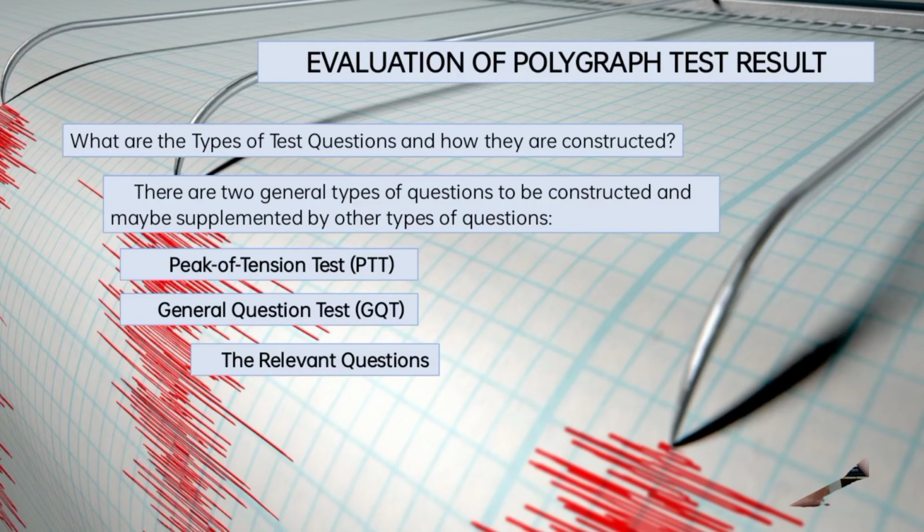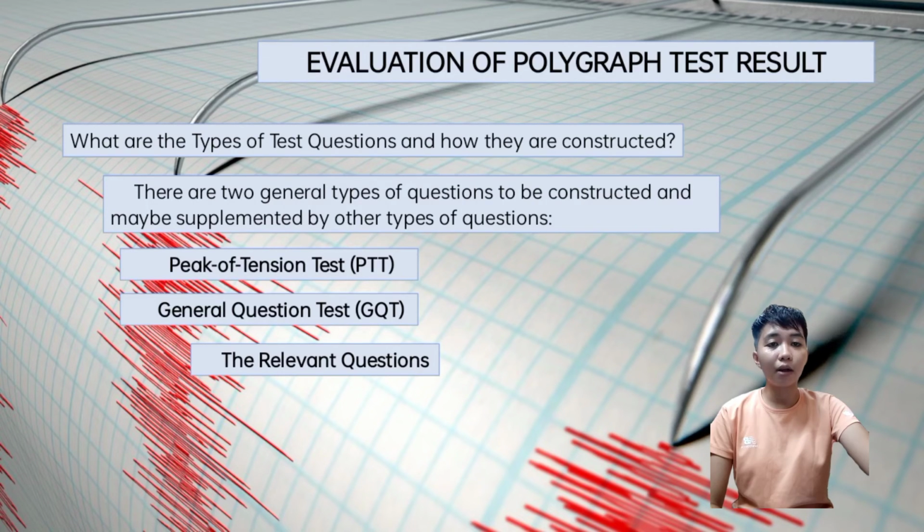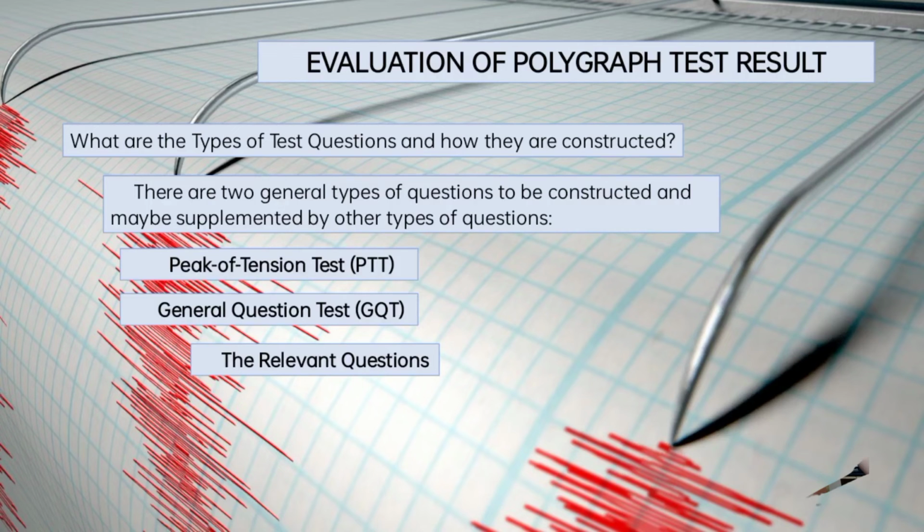Relevant questions are further classified according to their stimulation effect when applied, namely, strong relevant or primary relevant questions, and secondary or weak relevant questions. Further, the weak relevant are classified into the following: sacrifice relevant or dietary questions, and knowledge questions.